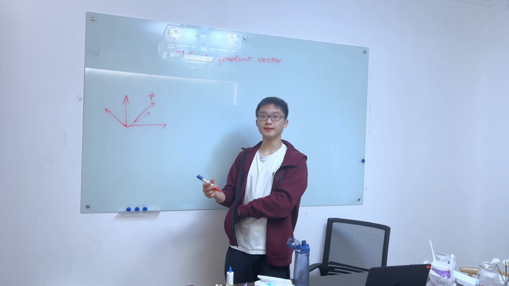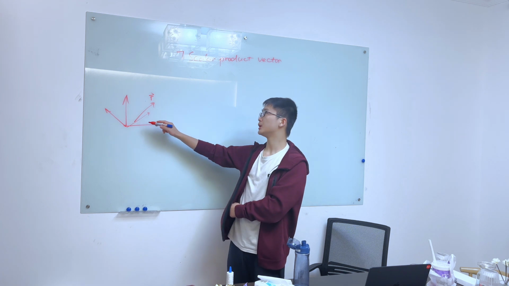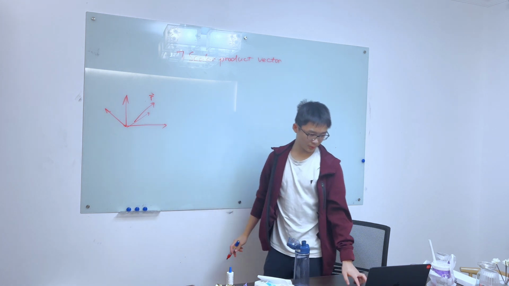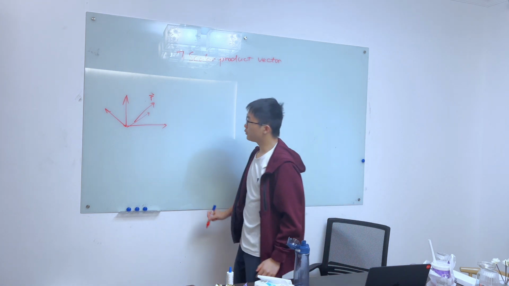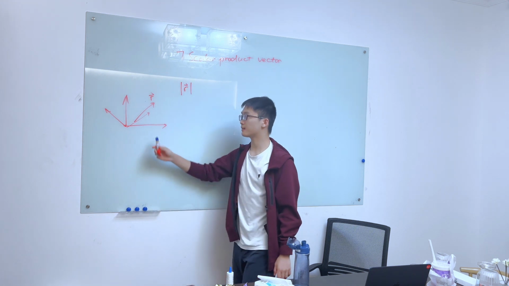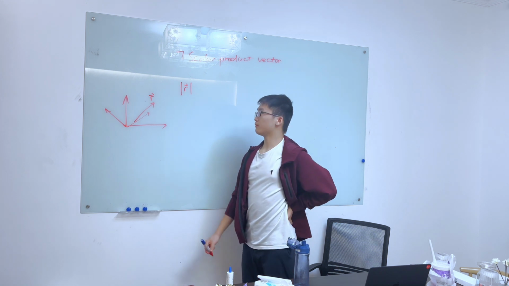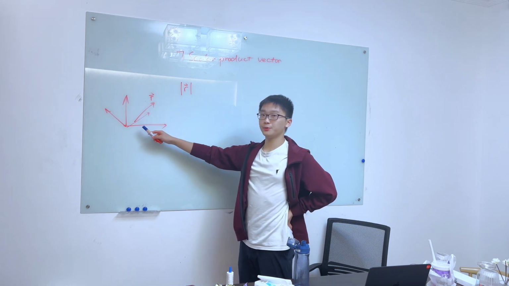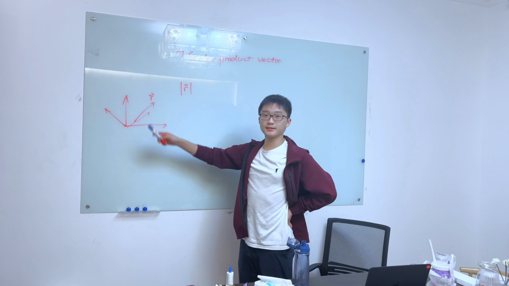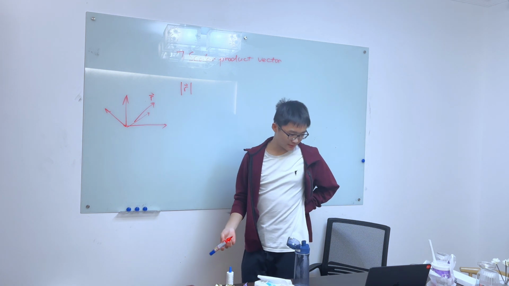But what has not changed is the length, which is the magnitude of this vector. So this is what we will be talking about. And we use this to represent the length of the vector. From this graph, we assume that the lengths are the same. But are they really the same? Well, we need to prove it.